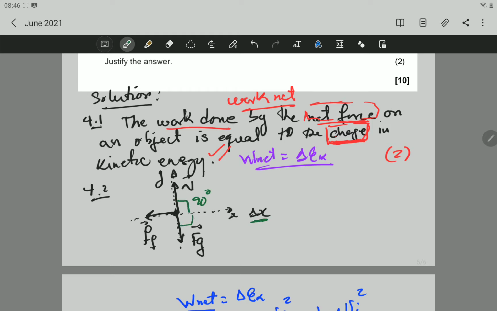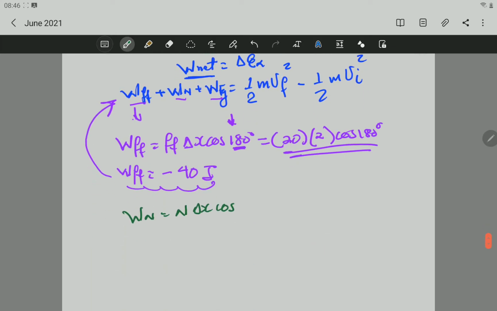Cosine of 90 degrees is 0, therefore the work done by normal is 0 joules. Same with the work done by gravitational force, which is equal to gravitational force multiplied by displacement multiplied by the cosine of 90 degrees, which is 0, so the work done by gravitational force is 0 joules.